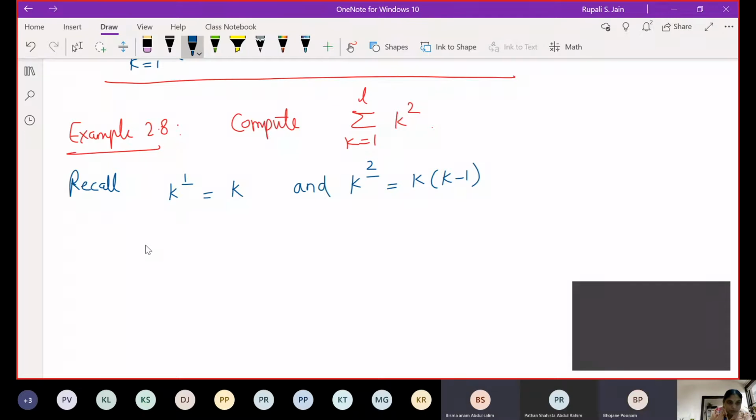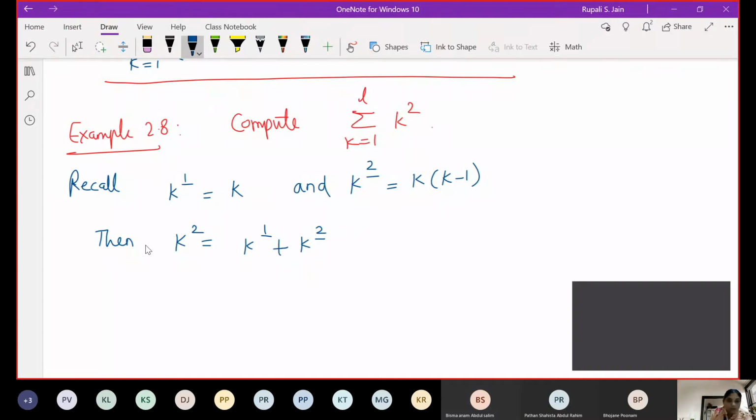So what can I write? Then k square can be written as k to the 2 falling plus k, since k square minus k plus k. So can I write k square is equal to k to the 1 falling plus k to the 2 falling? Yes.